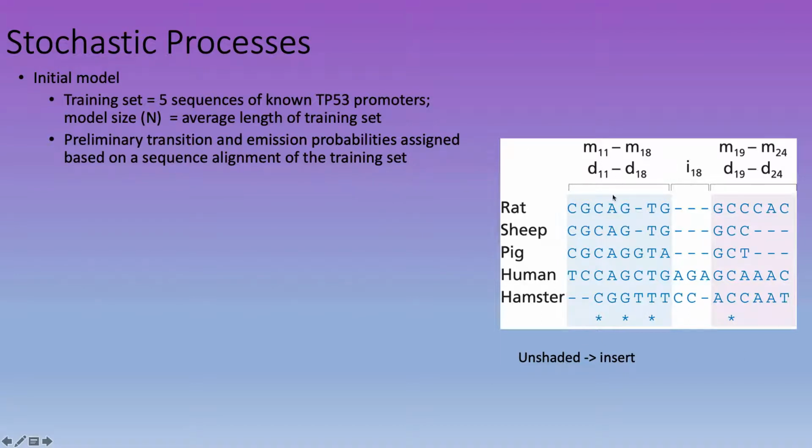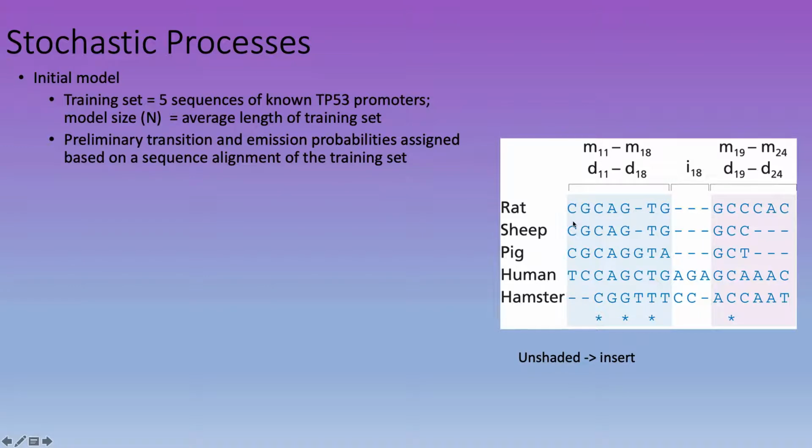based upon this set. So if I had to say, what's the emission probability that I'm going to be a C at this first position? If it's a match, I would look at these four possible probabilities and say it's a 75% chance I'm going to be a C at this position, and 25% I'm going to be a T. There's also the probability of being a match or a deletion.